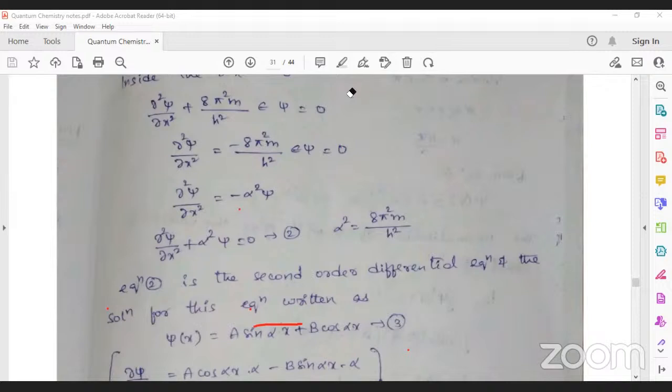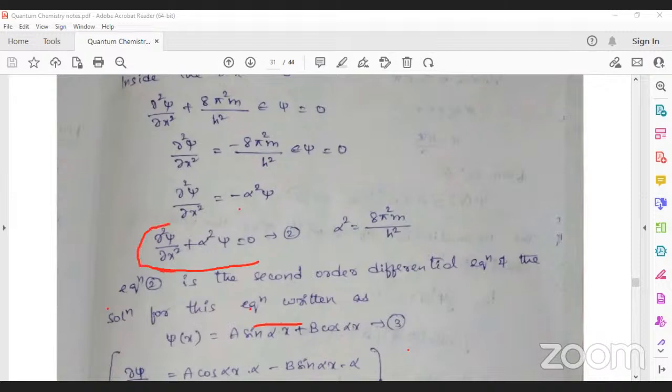See that equation. So this is the equation: ∂²ψ/∂x² plus α²ψ is equal to 0. This is a second order differential equation. ∂² will be there, then the term α².